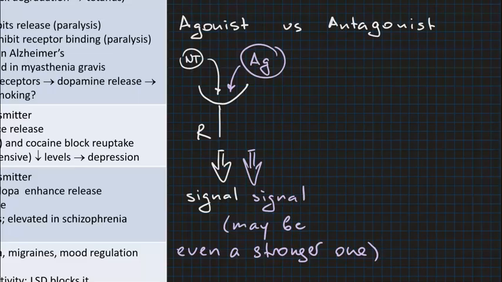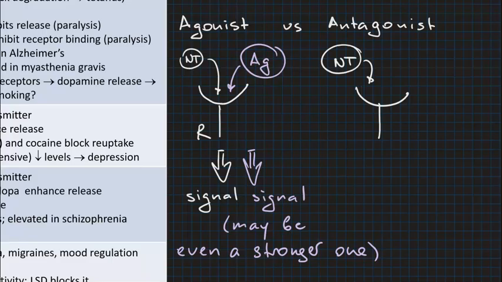So, in case of an antagonist, you do have a receptor, okay? And you have a neurotransmitter that can bind to it.